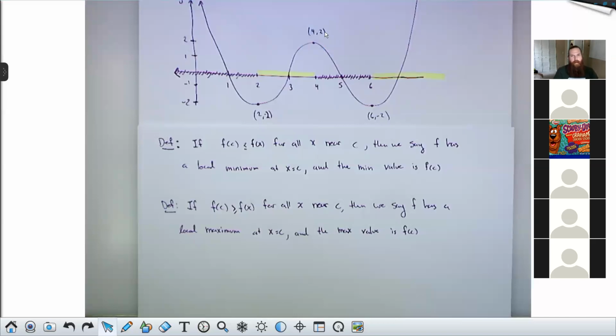And we would say that the max value is 2, and that the max occurs at x equals 4. So just like with increasing and decreasing, the location, the place where something's happening, is always the x coordinate, and the value is the y coordinate.